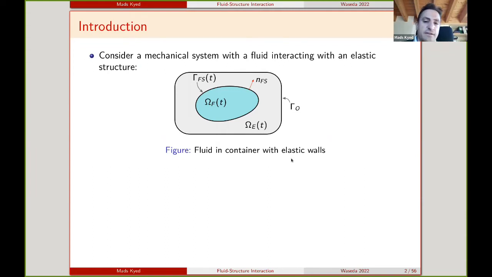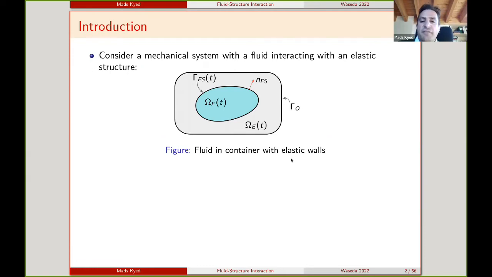So here's an illustration of a container with elastic walls. The blue part, omega F, is a fluid, and this fluid is contained in a container with elastic walls.